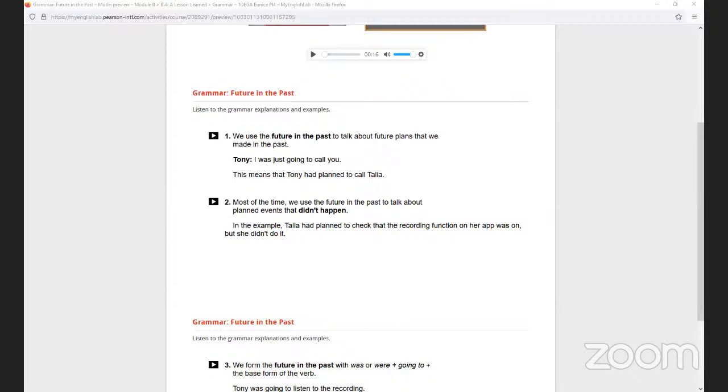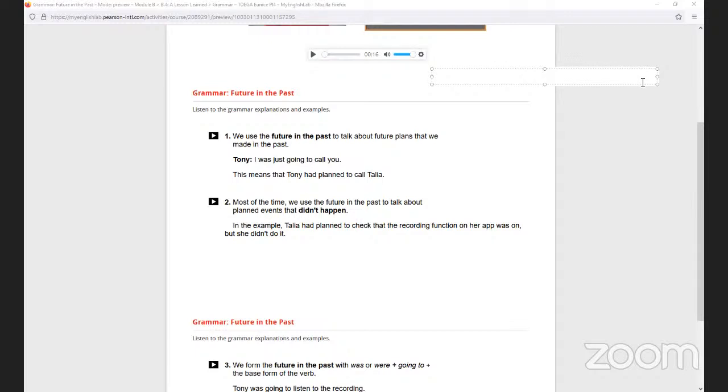unit, we are going to see about the future, but not future specifically about plans in the future. We're going to see about future in past. Okay, so what does it mean? Because we have two tenses there, future in past. Okay, so what is this grammar talking about?